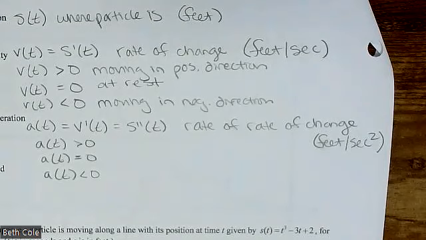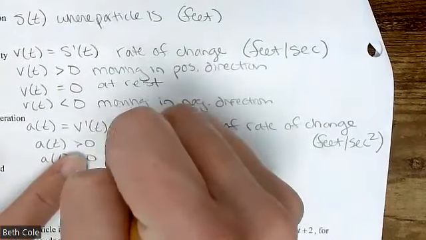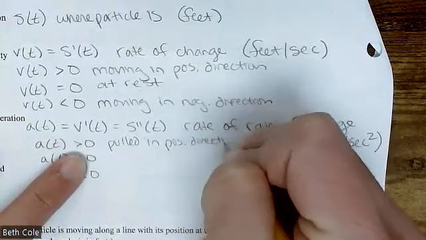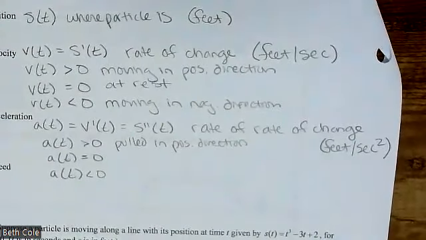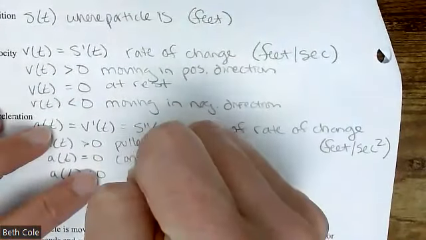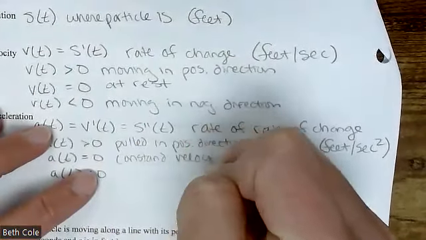Acceleration is the pull. It's how you're being pulled. So if your acceleration is positive, you are pulled in the positive direction. It doesn't necessarily mean you're going in the positive direction. For that, you would need to look at velocity. You're being pulled in the positive direction. What does it mean if your acceleration is 0? Constant velocity.